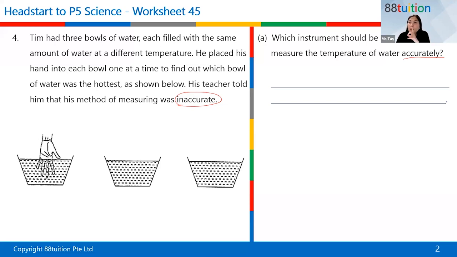Hui En said something very good. If one of the water is hot, his hand will gain heat when he touches the water, right? Then after that, when he puts the hand into the cold water, the water will gain heat from the hand. So it affects the temperature of the water also, right, Hui En? Well done. So Hui En thinks a bit deeper than us.